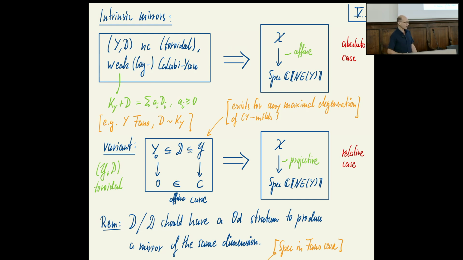In the honest Calabi-Yau case, you want D to be only the central fiber, but what you can also do is degenerations of Fano varieties. And then the D would have to, to fulfill this condition, right?